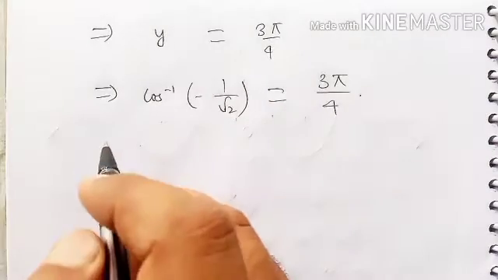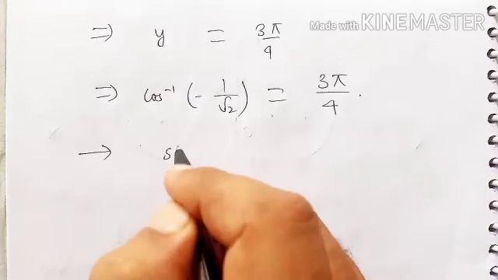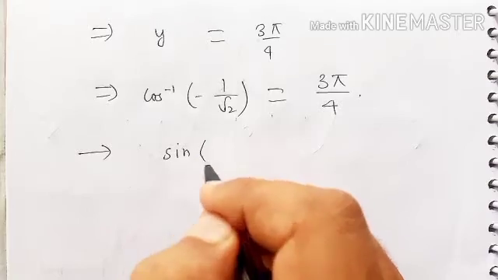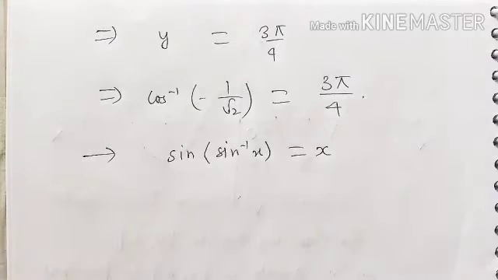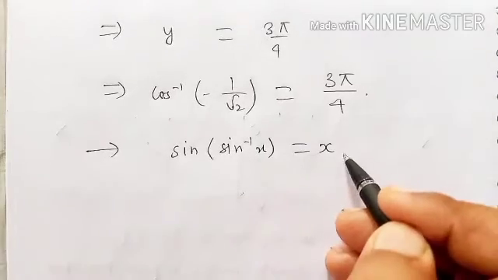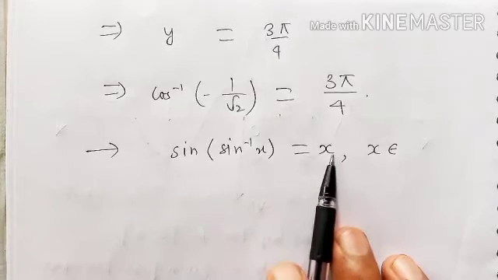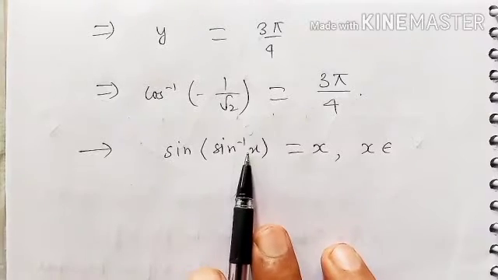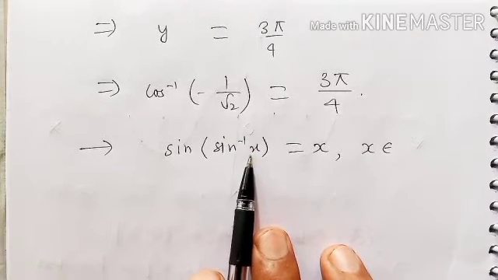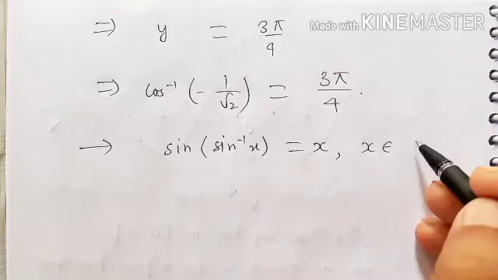Till now we can state that sine of sine inverse x is equal to x, where x belongs to, can you tell? Here this x is the domain of sine inverse x, and we know that the domain of sine inverse is minus 1 to 1.